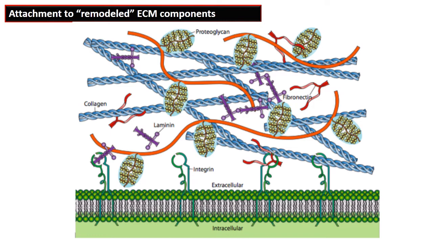These receptors help to maintain the cell in a resting state, and loss of adhesion in a cell will induce a special type of apoptosis that is termed anoikis. Anoikis literally means homelessness, and this occurs in detached normal cells.